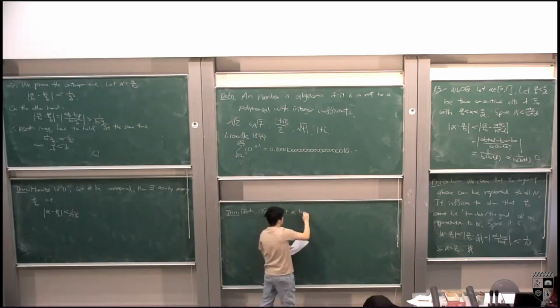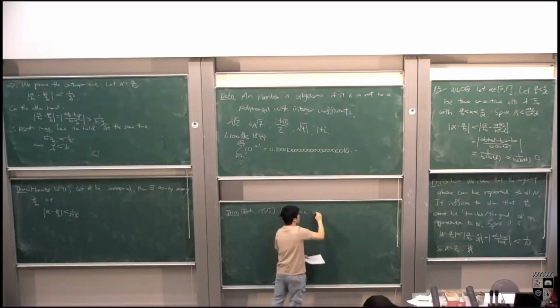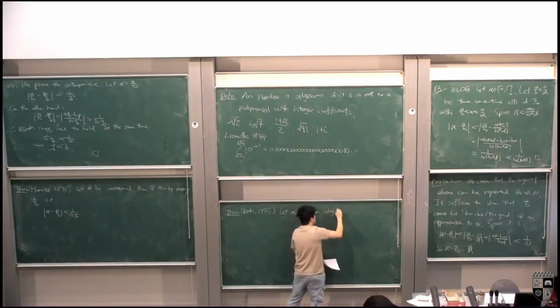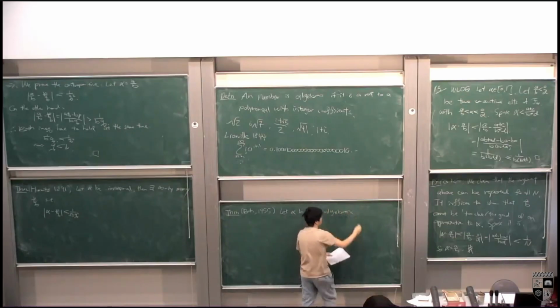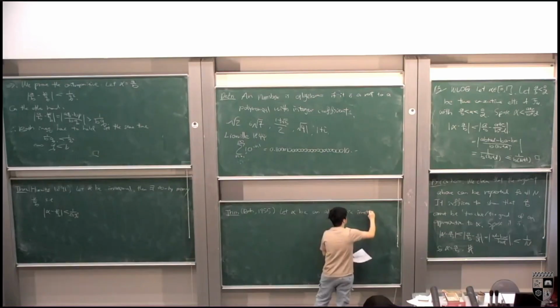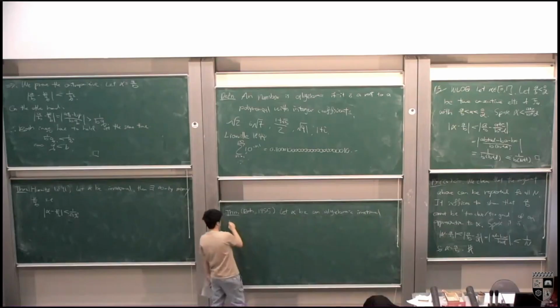Let alpha be an algebraic irrational number.